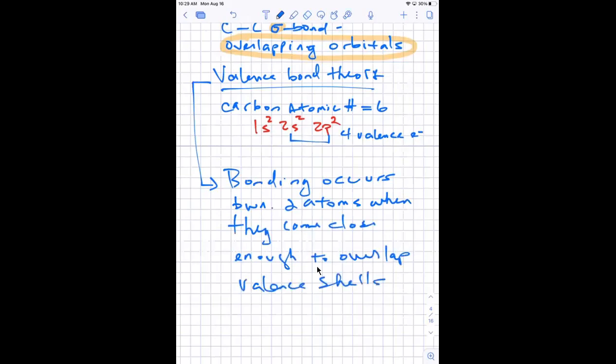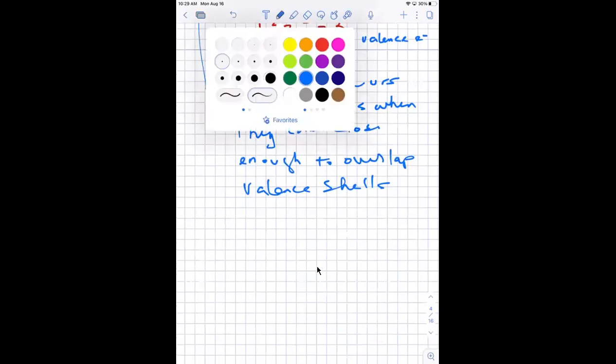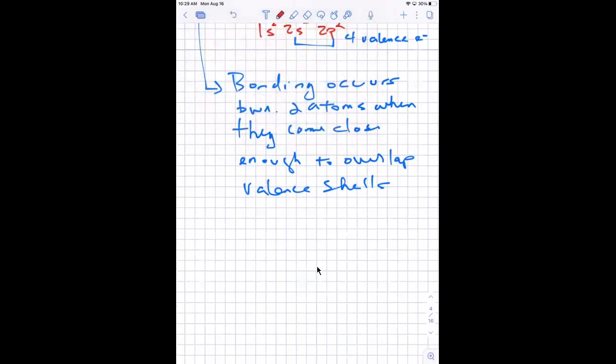All right, are we following that? Yes. So when those atoms come together, the optimal distance between the 2 atoms is what we call the bond length. So when we say close enough, that means they're at the optimal distance for overlap, and we call that the bond length.